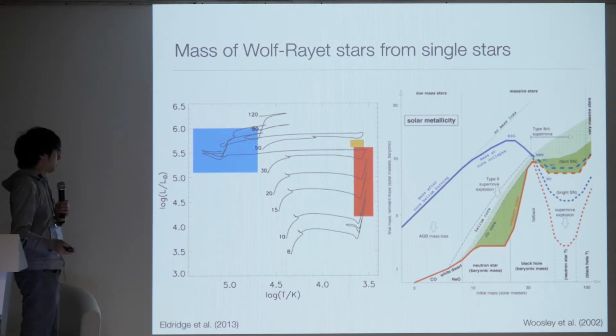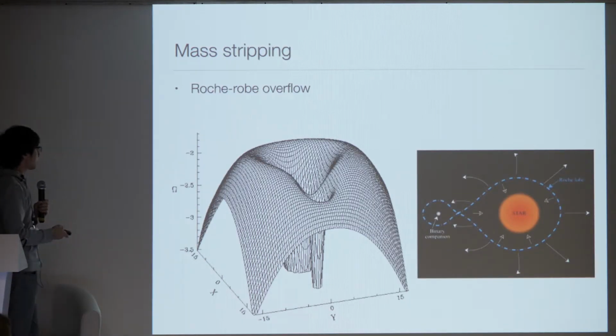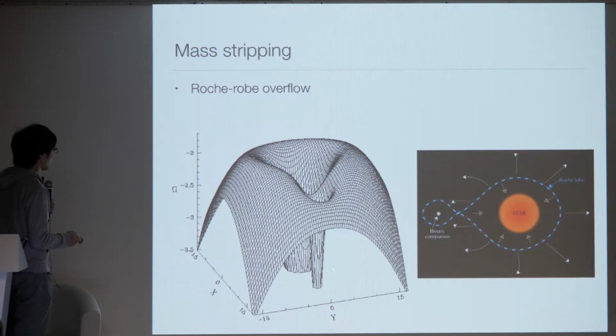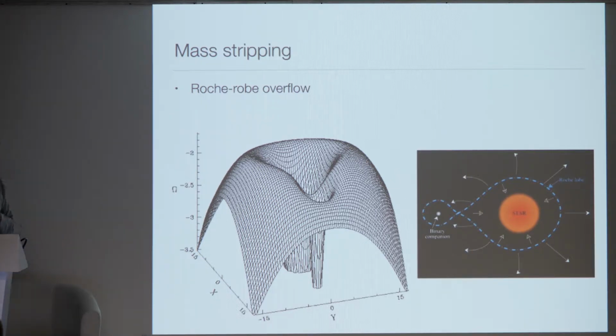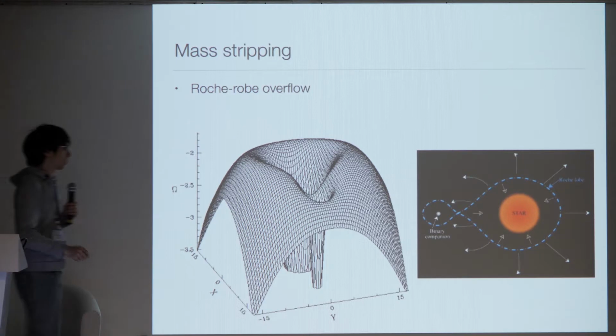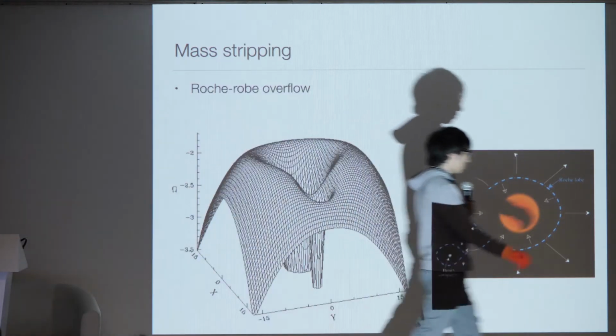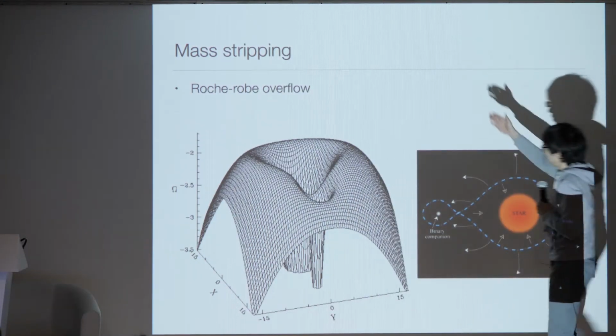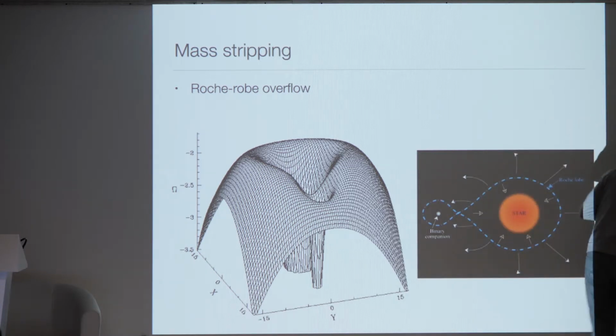But if there's a binary system, that can lead to a more complicated way to lose mass. This is the gravitational potential of a system with two stars.